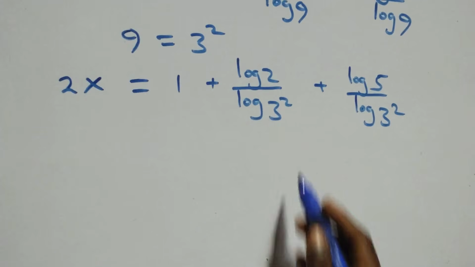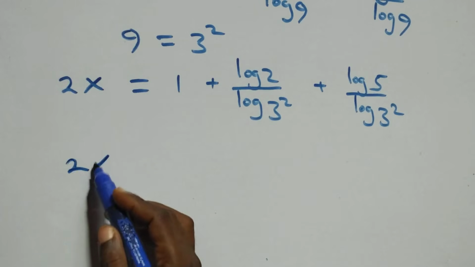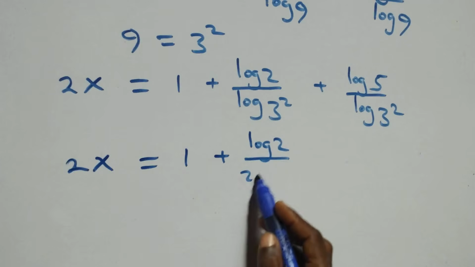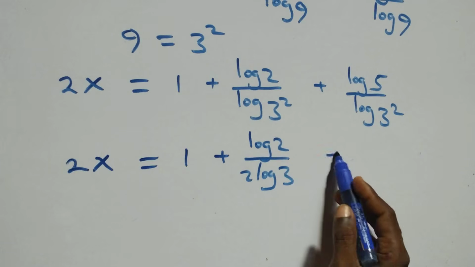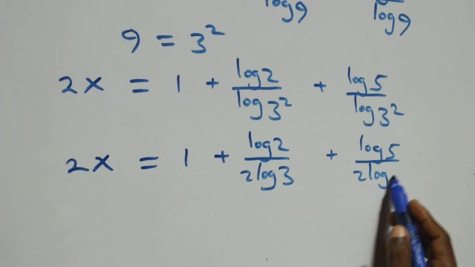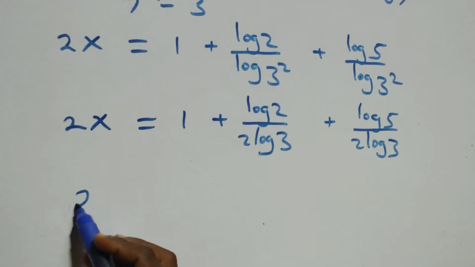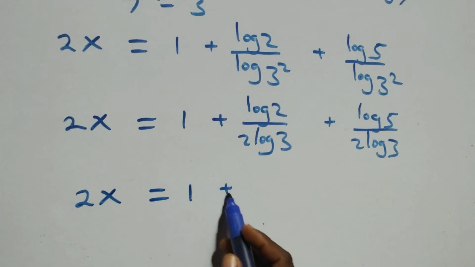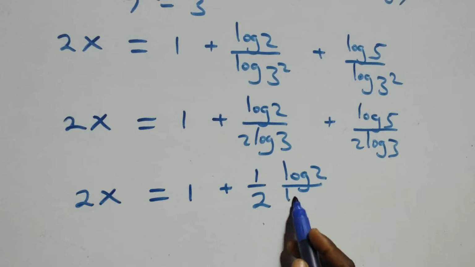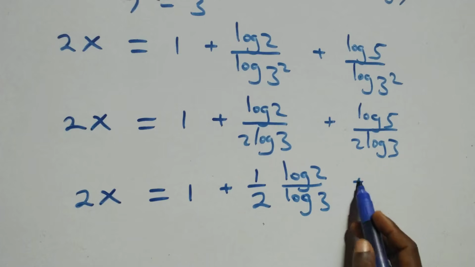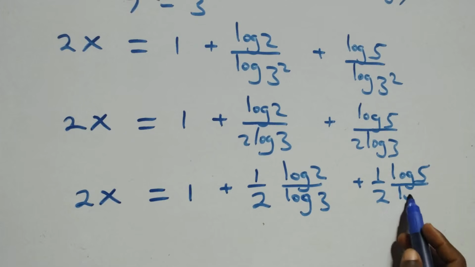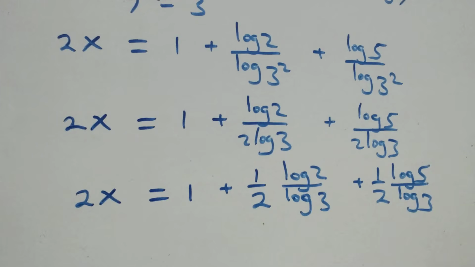Here we apply the power law of logarithm. 2 comes there, and this becomes 2x equals 1 plus log 2 over 2 log 3 plus also log 5 over 2 log 3. Then we have 2x equals 1 plus 1 over 2 times log 2 over log 3 plus also 1 over 2 times log 5 over log 3.